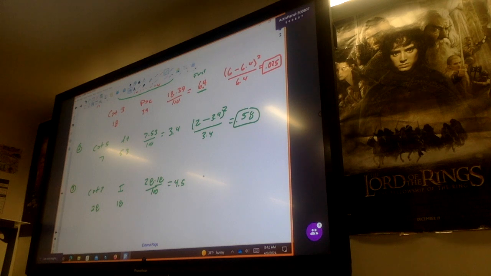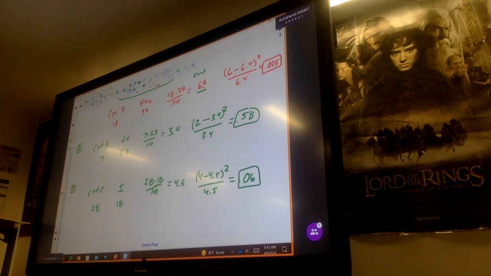Then category 2 Indian Ocean, there's 4 of them, minus 4.5, quantity squared, divided by 4.5. So 0.5 squared, divided by 4.5, so 0.06 roughly, rounded.